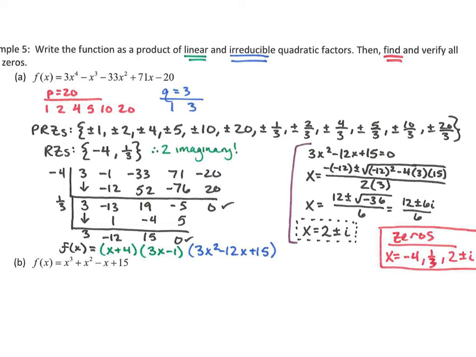When you don't know what number to start dividing by, you go to the list of potential rational zeros. For this one, the P was 20 and the Q was 3. Here's all the numbers that multiply to 20 and the numbers that multiply to 3, which means the combo list would be plus or minus 1, 2, 4, 5, 10, 20, and then 1/3, 2/3, 4/3, 5/3, 10/3, and 20/3.